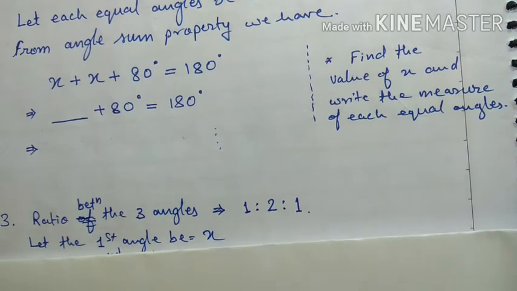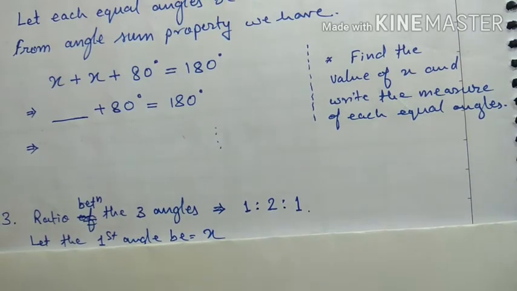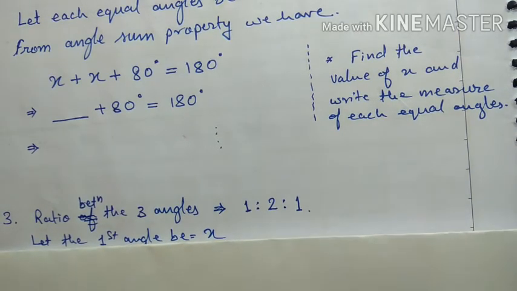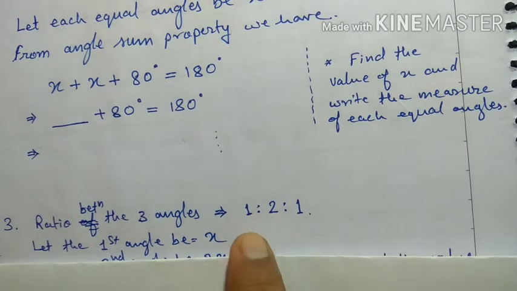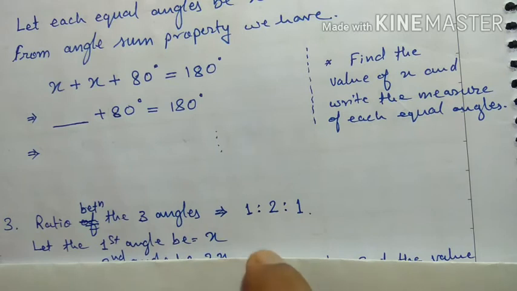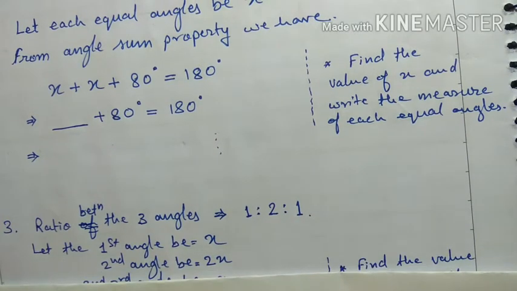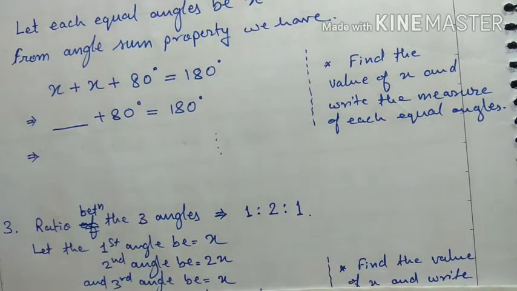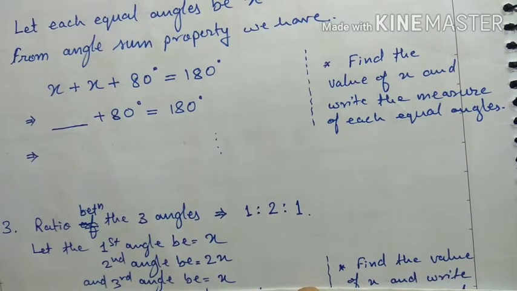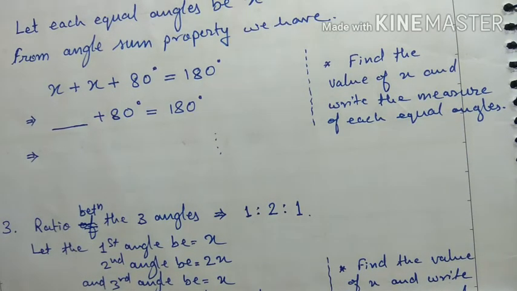Here the ratio between the three angles is given, that is 1 is to 2 is to 1. So let the first angle be x, 1 into x is x. The second angle be 2x, 2 into x is 2x, and the third angle be x again. Then what to do? You have to again use the angle sum property.